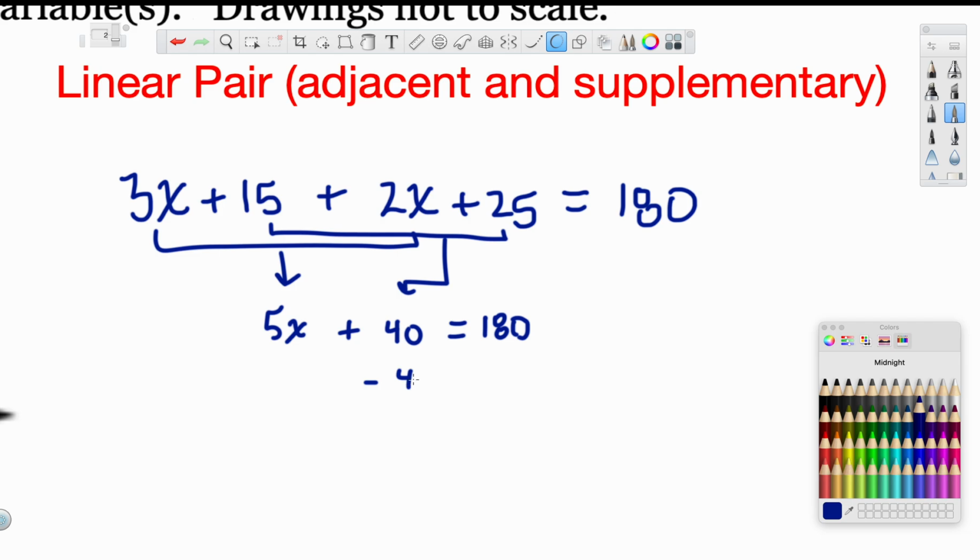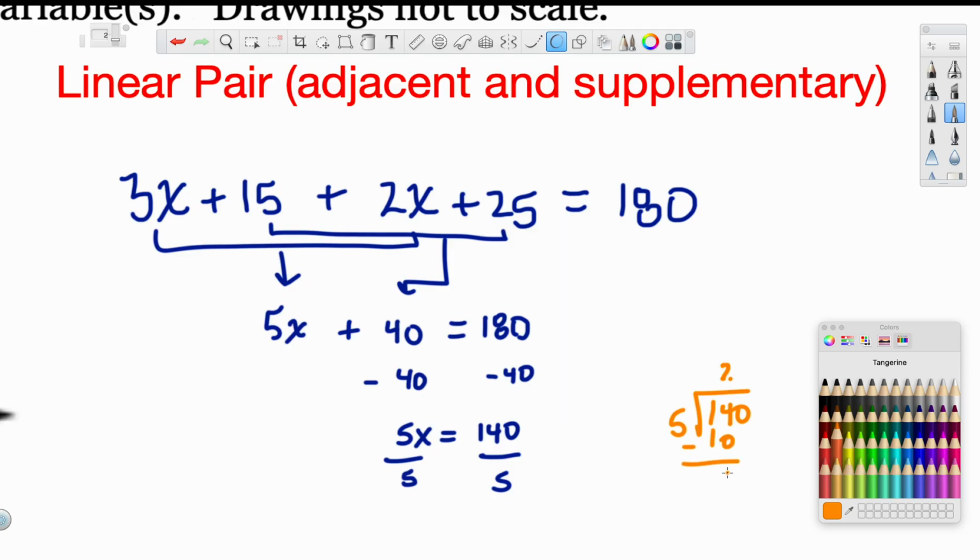Let's subtract 40 from both sides. And then we're going to divide by 5. Bring down the 0. 5 goes into 140 28 times.